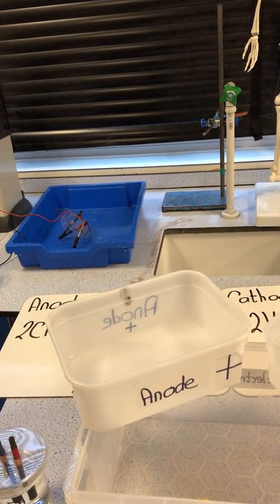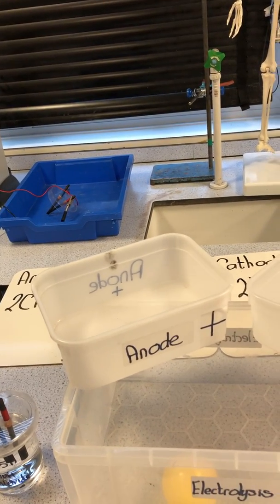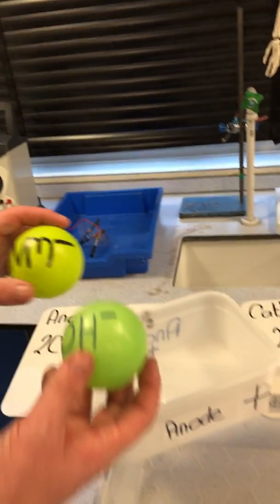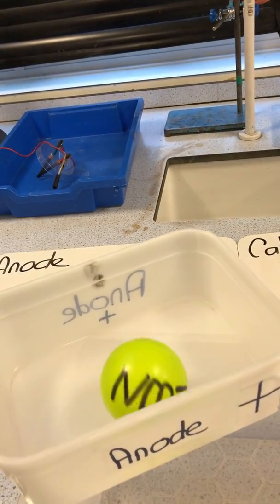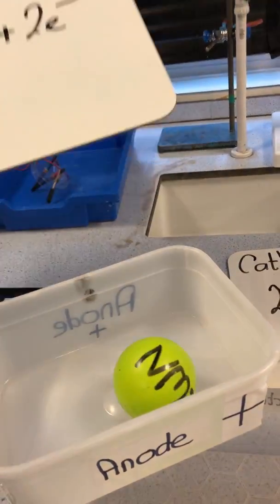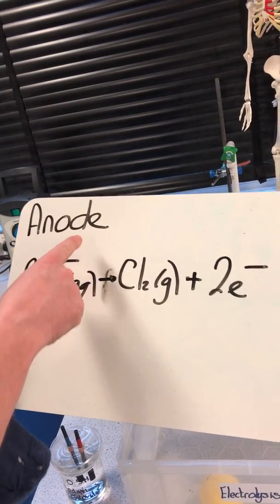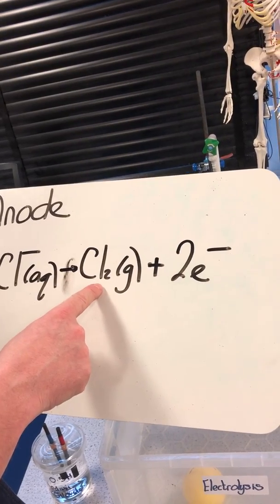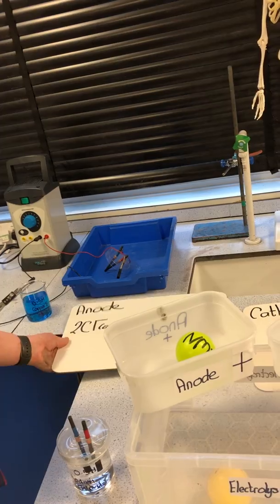Now here we can see that it's actually chloride. Chloride is a halogen because it's in group 7 of the periodic table. So we find that the halide ion does actually go there. And as we can see from this, the halide ion will go to the anode, forming a chlorine molecule as a gas, and you would also lose 2 electrons.